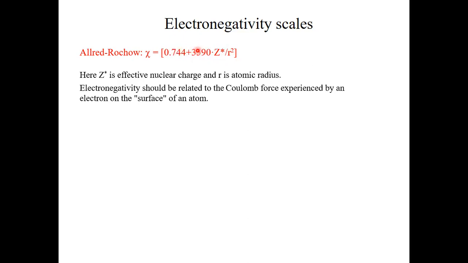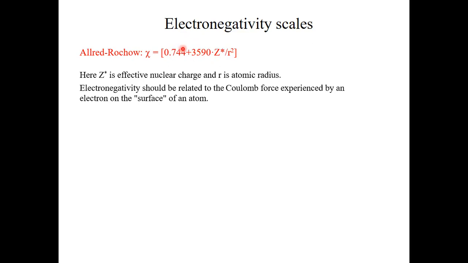They are just there in order to make the electronegativity scale comparable to the Pauling scale, which came first, so that it gives similar numbers and one can have an easier comparison. So this is basically an empirical fit to make a comparison of the two scales easier.